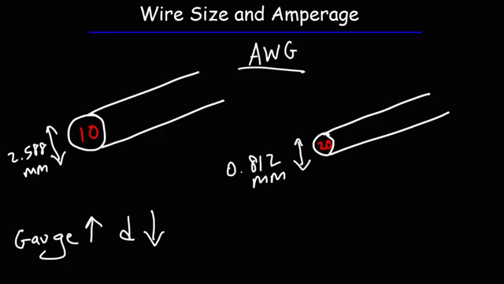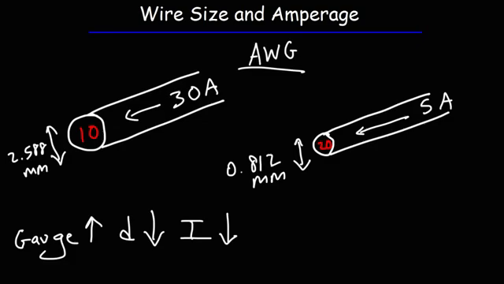A wire gauge of 10 can handle a current of 30 amps, whereas a wire with a gauge of 20 can handle a current of 5 amps. So as the gauge number increases, the amount of current that it can handle decreases. Now the other thing we need to talk about is the resistance per unit length.